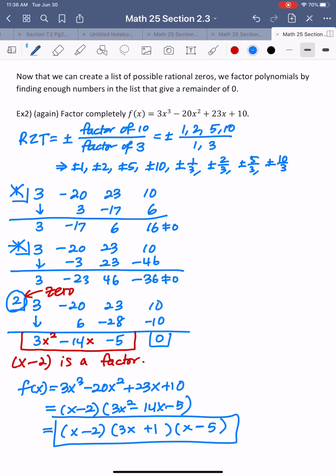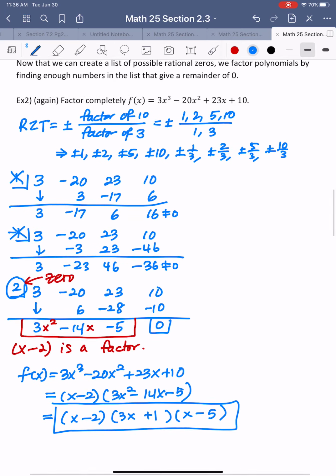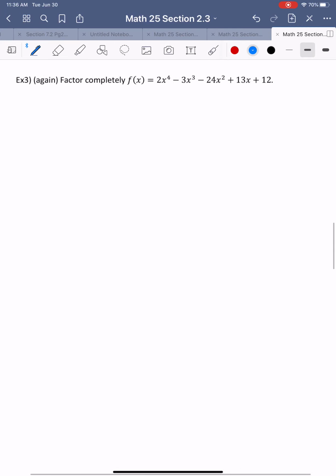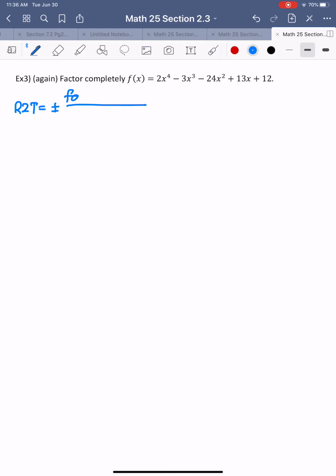Okay, alrighty. Okay, let's do the next problem. So on the next problem, rational zero theorem, so plus minus of factors of a sub 0, which is 12, and then factors of 2.